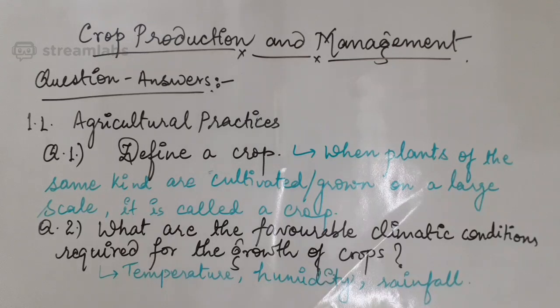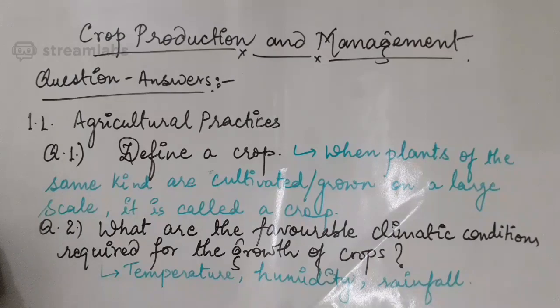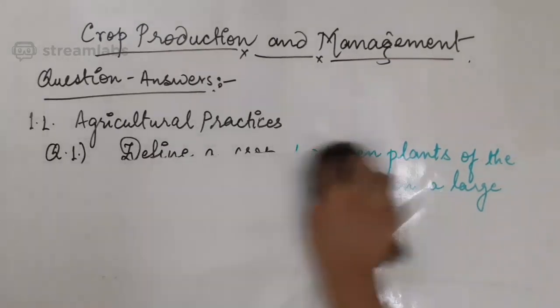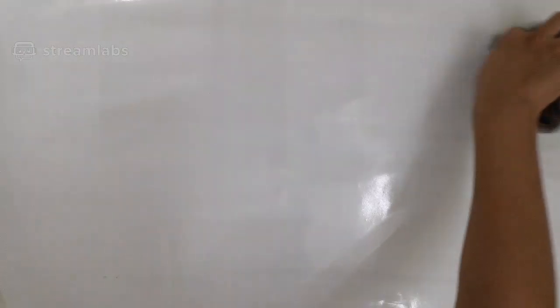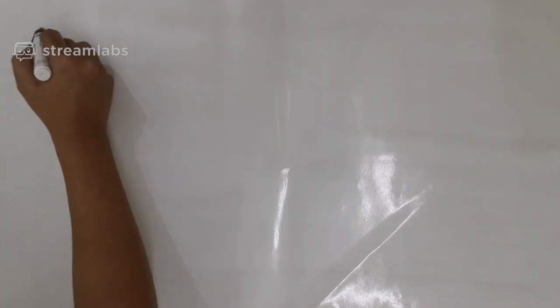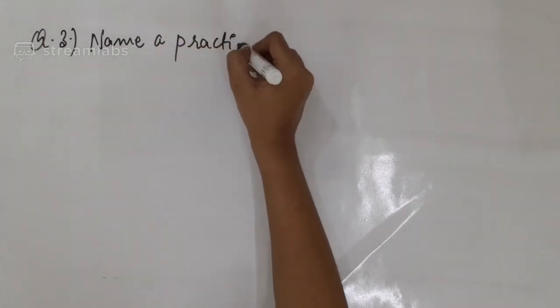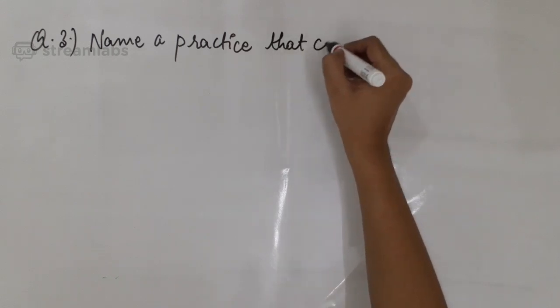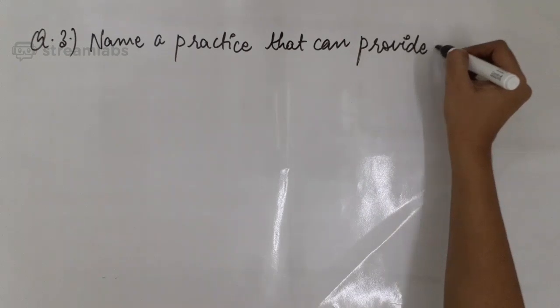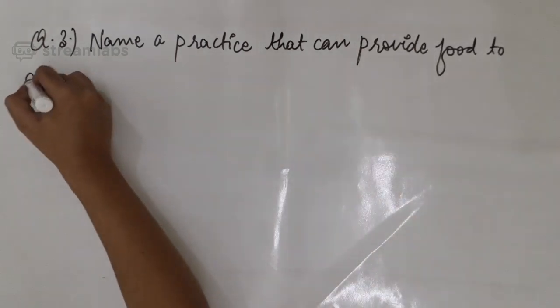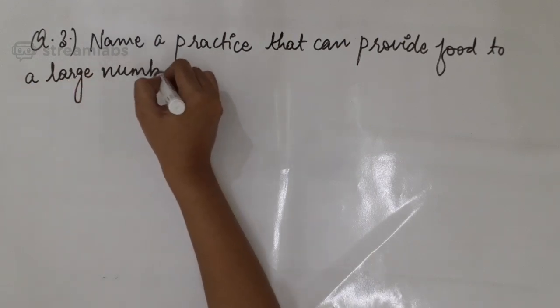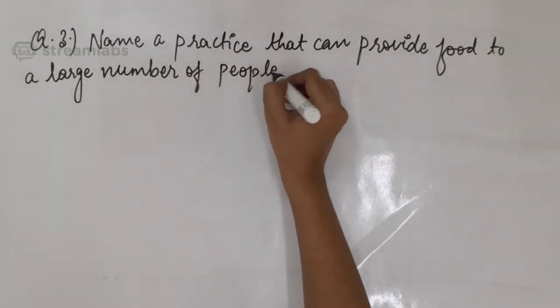Along with this, two questions and few more based upon the topic agricultural practices are: name a practice that can provide food to a large number of people in our country.